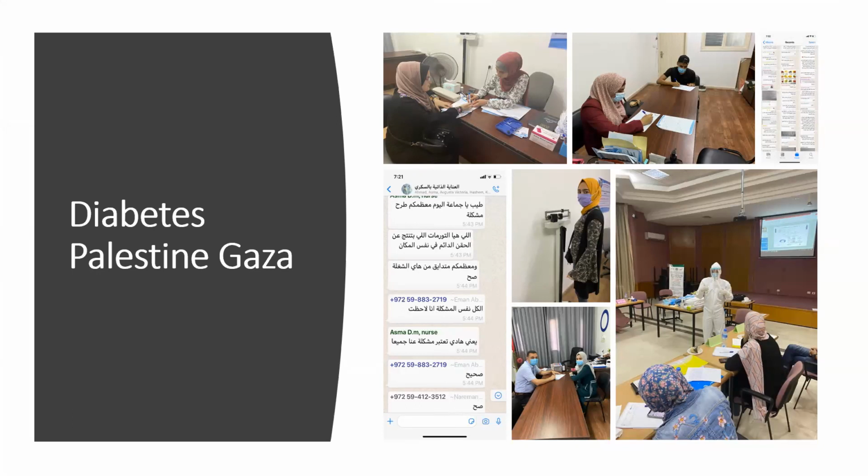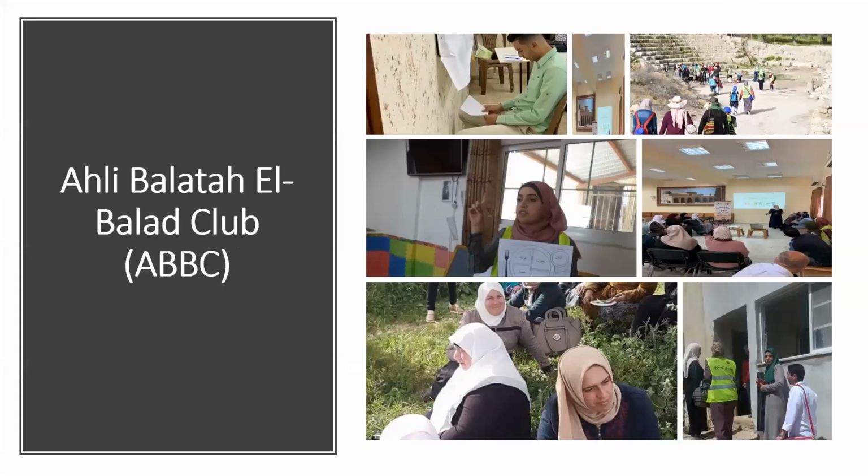So they've come in, some taking the test, others doing weigh-ins, checking their blood sugars and going through some sort of medical assessment. Then there's a photo of someone providing training, and these little WhatsApp messages are the group messages going around between the groups on a daily basis. So this is Diabetes Palestine in Gaza. Can we go to the next slide?